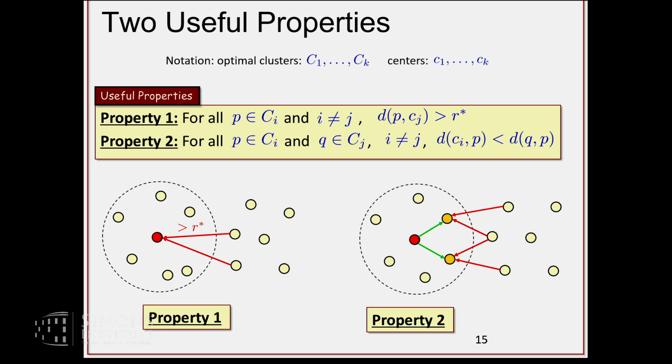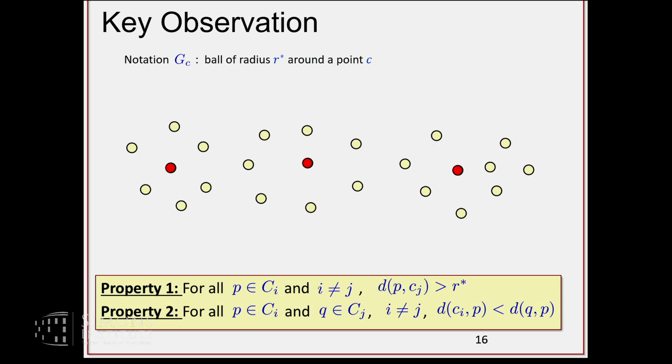Now how can we use these properties to get an optimal algorithm? Here's the key observation. What I want to do is take a ball of radius r star around the center. From the first property, we know that this ball is actually an optimal cluster because it contains everything in the cluster and nothing outside.